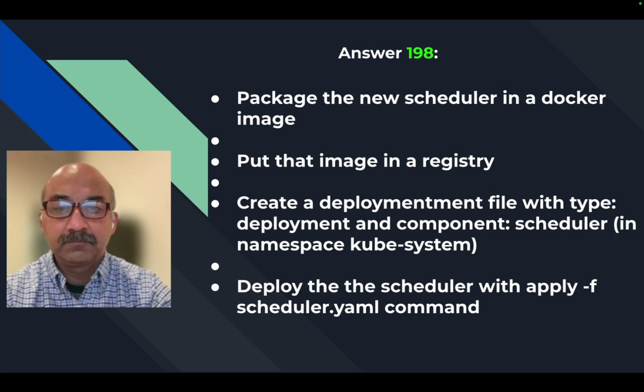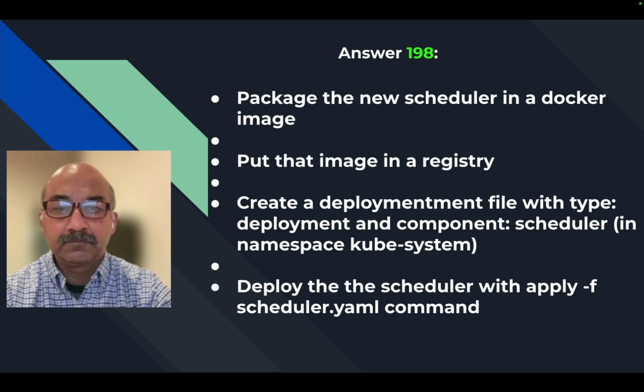That's the question. So what you do is, it's still a program, it's still an application, it's still a service. So you make a container image with the program that is going to be your new scheduler. You put that in a container registry, and then you create a deployment file just like any other. You use your YAML file, make a deployment, and the component type has to be called scheduler.